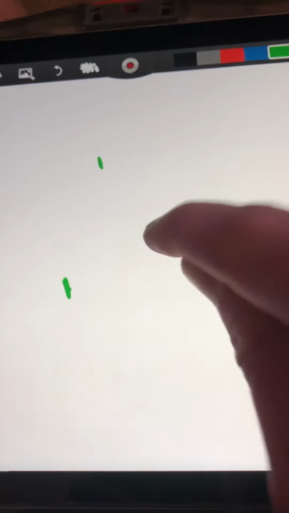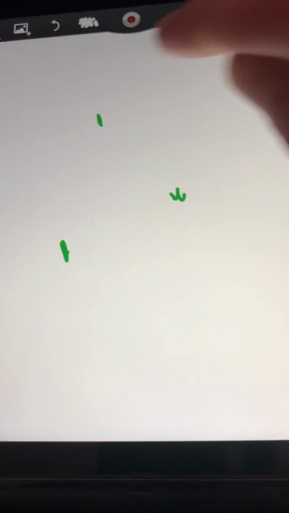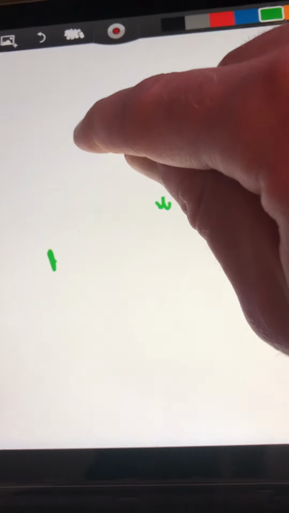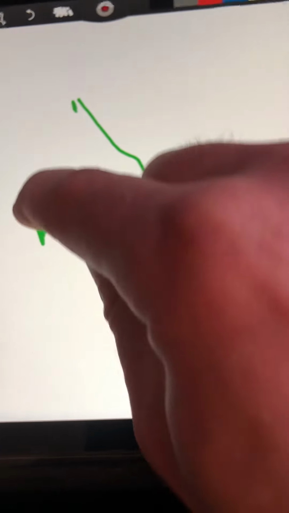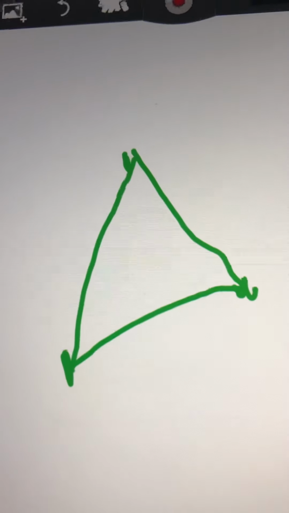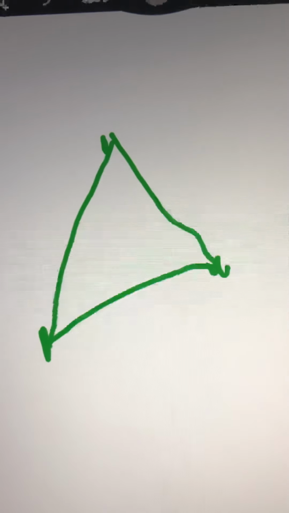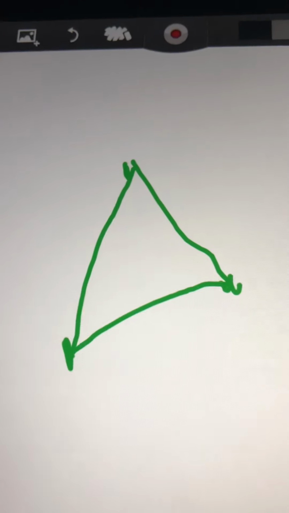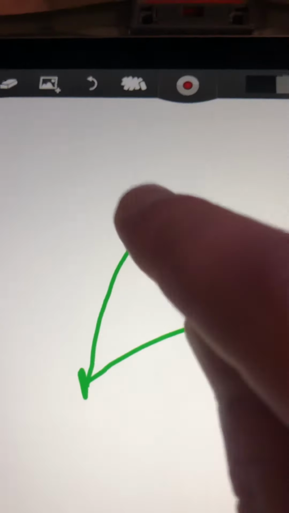So I have a vertice, 1, 2, 3 vertices. Those are where my corners are going to be. Now I just have to connect the dots. 1 straight line, 2 straight lines, 3 straight lines. Notice how they're all touching each other, and that makes a triangle. A triangle has 3 straight sides, 3 vertices.